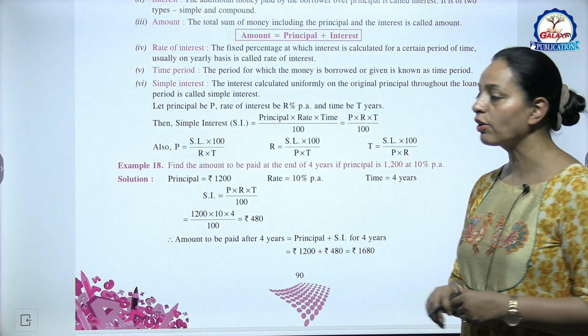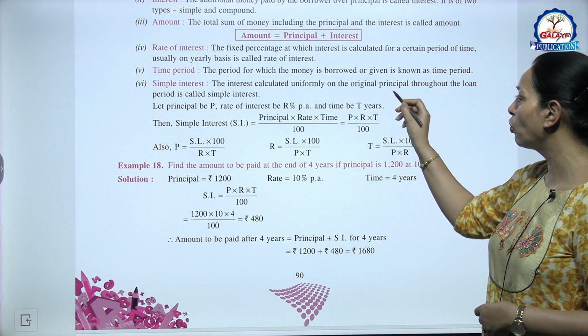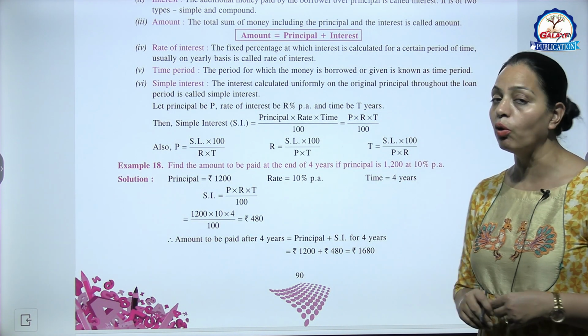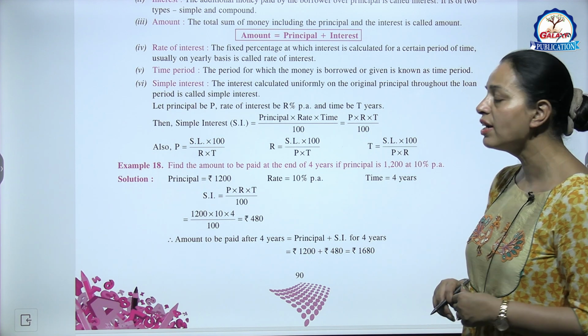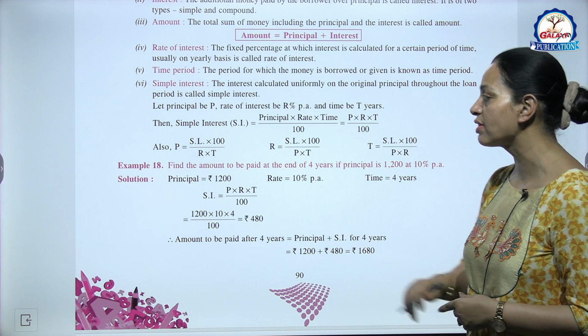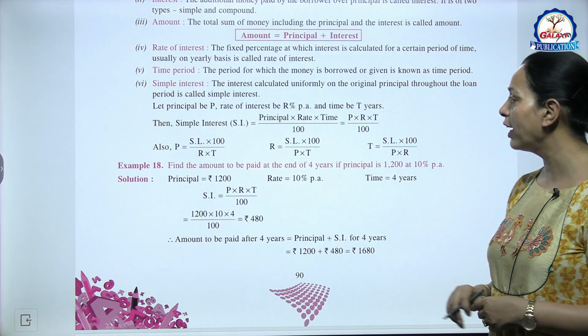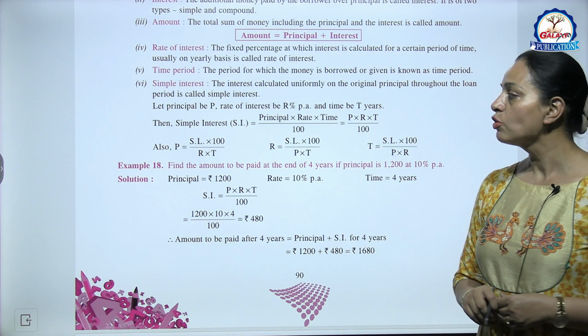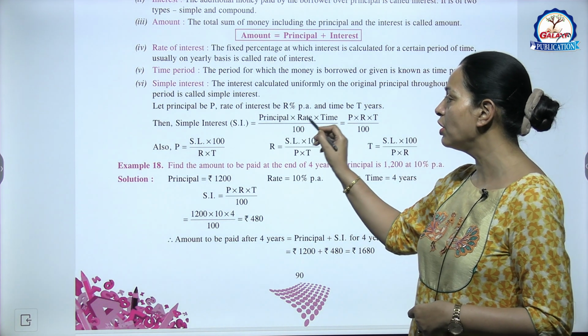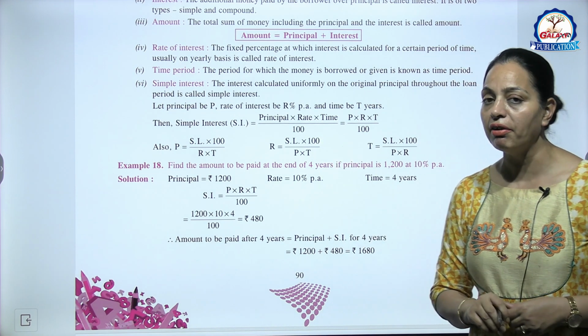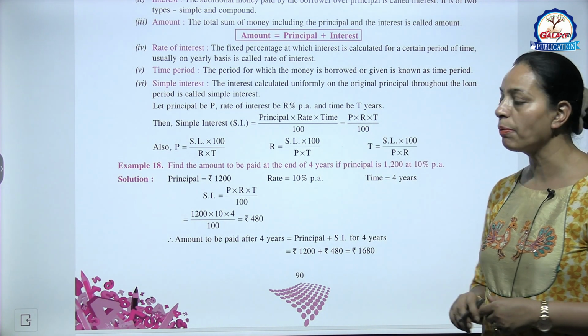The interest calculated uniformly on the original principal throughout the loan period is called the simple interest. So let principal be P, rate of interest is R% per annum and time is T years. So simple interest is principal into rate into time upon 100, P into R into T upon 100.